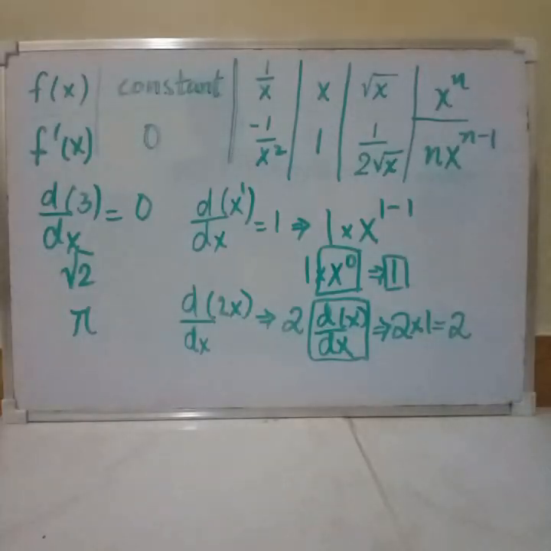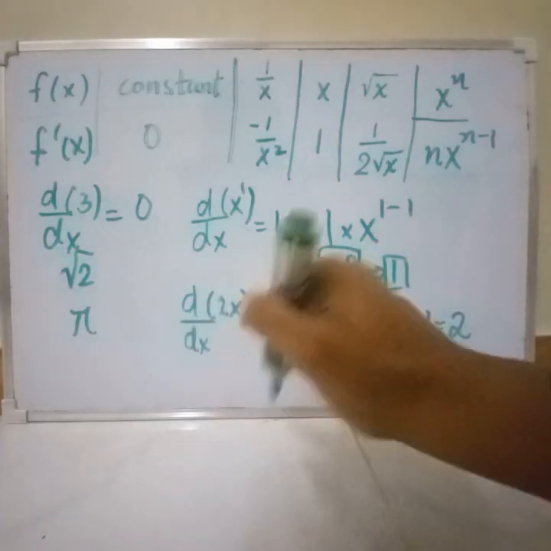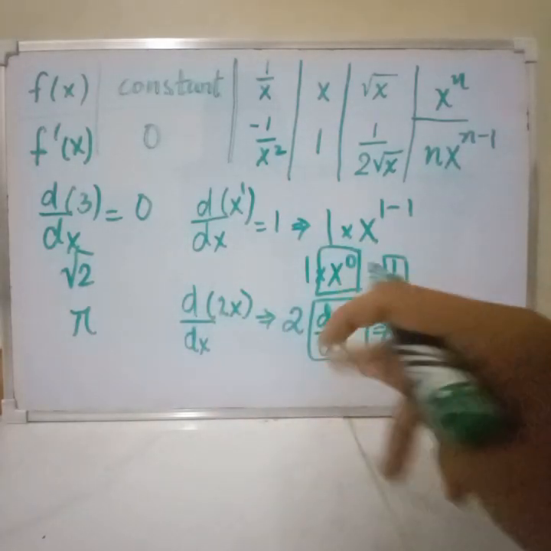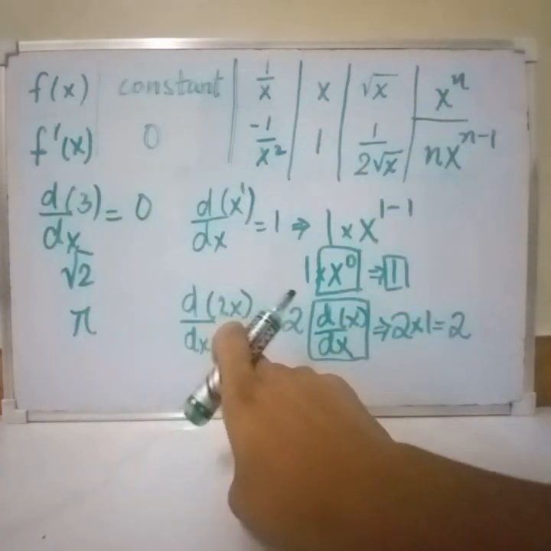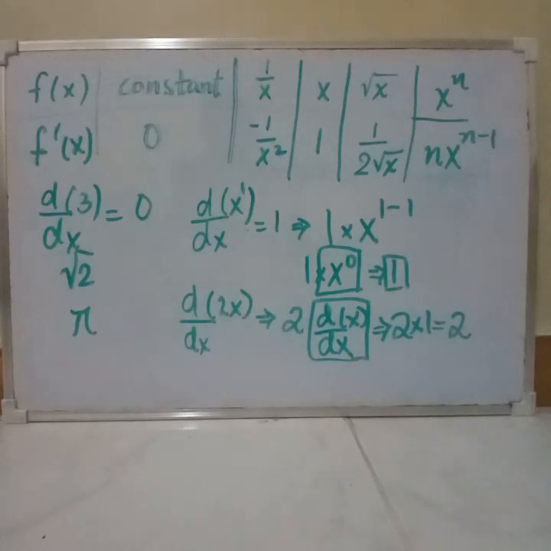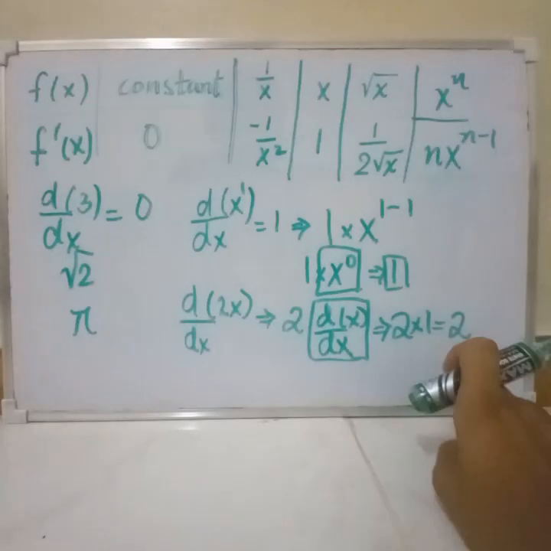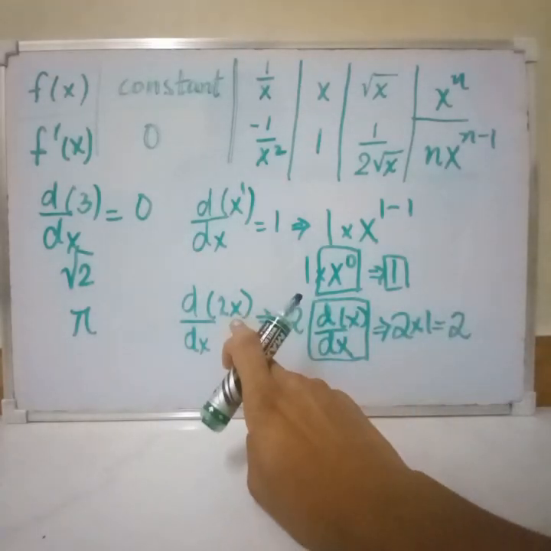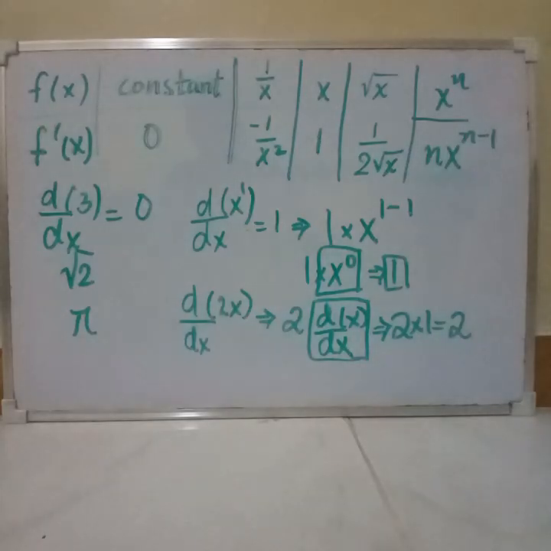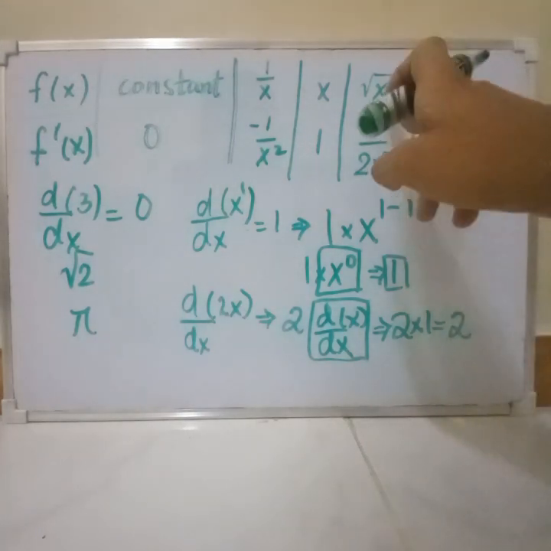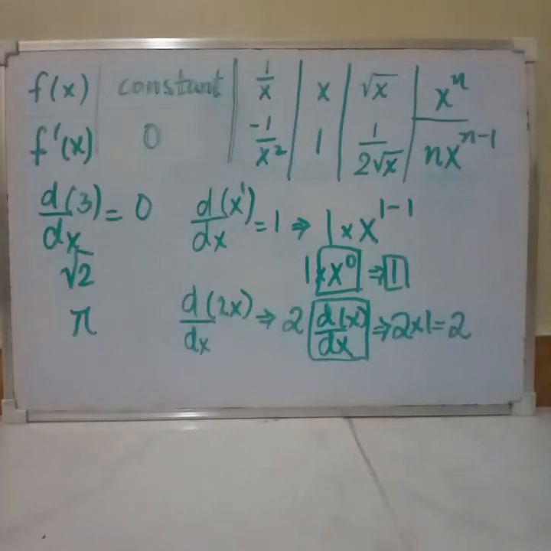Like that you can find for 2x, 3x, x by 2, anything like that. When the constant comes alone, the derivative will be 0. If it comes along with x, the derivative of it will not be 0. You have to take the derivative with respect to the x part only, and you can write the constant multiplied with the derivative as we did here. So for root x, it will be 1 by 2 root x.